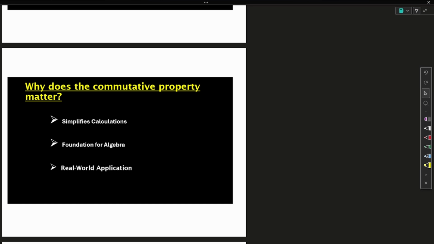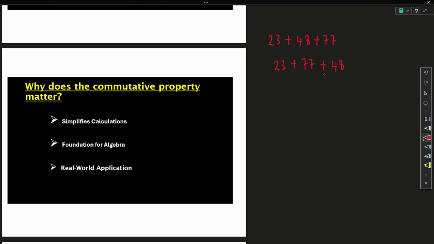So, for instance, instead of calculating 23 plus 48 plus 77, you can regroup it as 23 plus 77 plus 48, which might feel more intuitive.